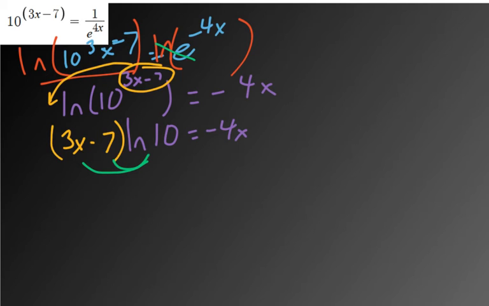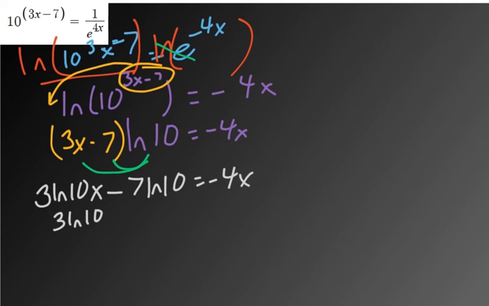So we've got 3 times natural log of 10 times x in the first distribution. And then we got minus 7 times the natural log of 10 in the second. And then I think I'm going to move the minus 4x to the right. So I'm going to have 3 natural log of 10x plus 4x. And then I'm also going to add the 7 natural log of 10 over here. All right.